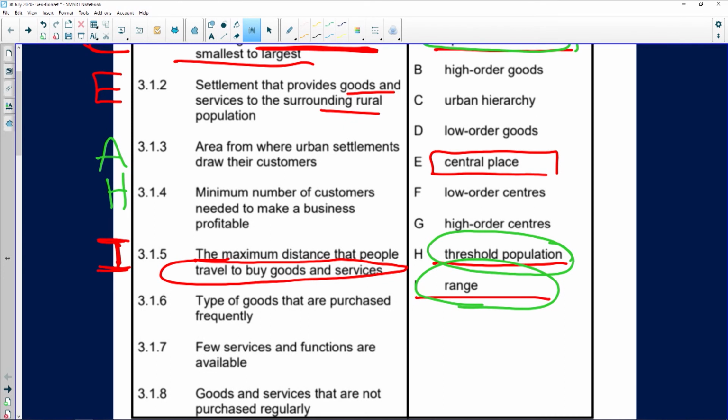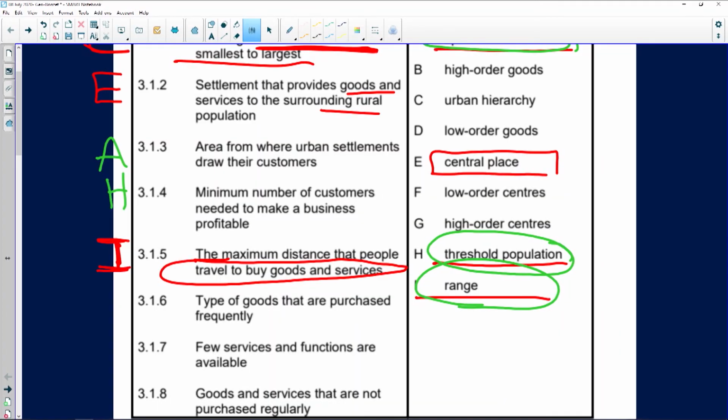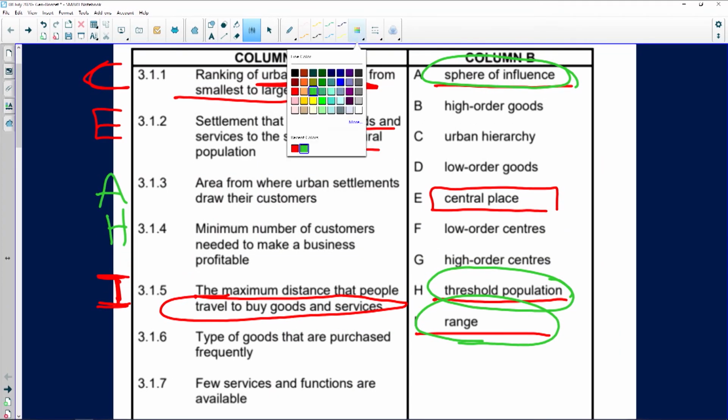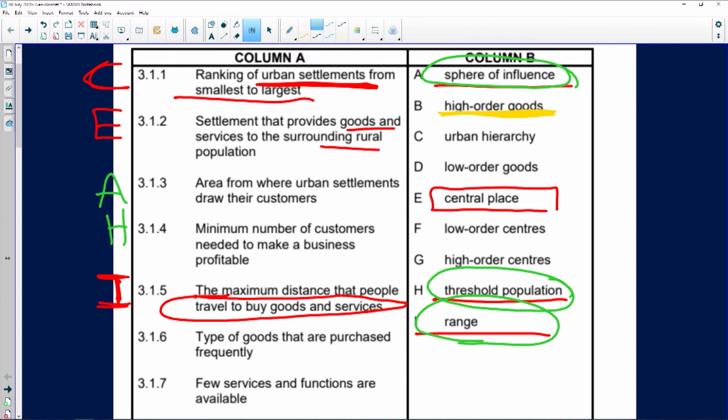Now, if you come to 3.1.6, the types of goods that are purchased frequently. I've just mentioned that to you. Now remember, goods that are being purchased. Do not get confused. I love what the examiner did over here. He tried to get you confused between the following: high order goods and high order centers.